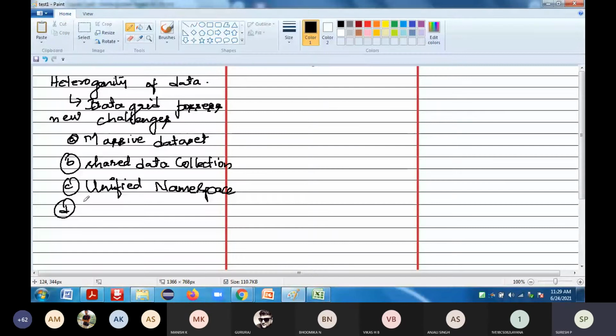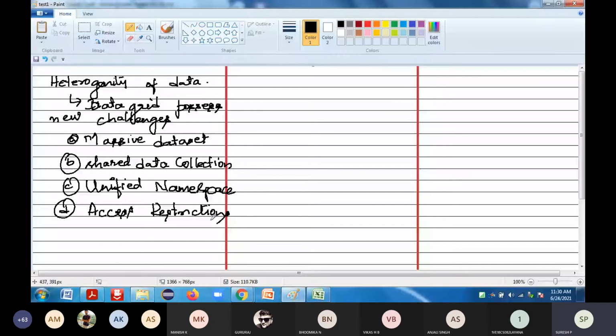Whatever data you collect and store in the local repository, I have to provide a proper security policy, so only certain members should have access to that data. So the fourth challenge in your data grid is access restrictions. These are the four different challenges in your data grid.